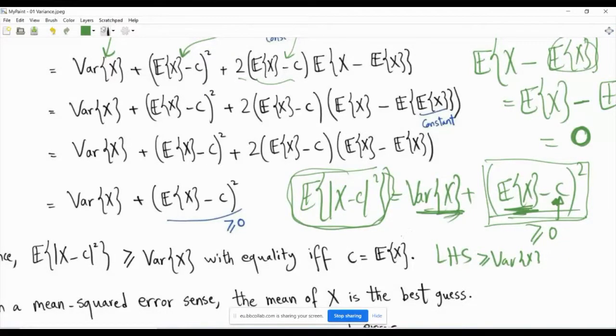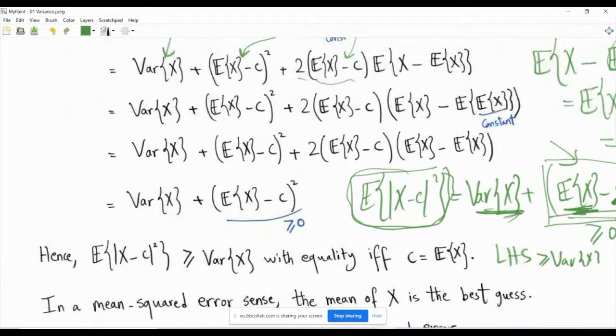So it means that our objective is always greater than or equal to the variance of x. Is there a possibility of making our objective exactly equal to the variance of x, which would be the minimum possible value? Yes, if you can take this non-negative term and make it equal to 0. And can we make it equal to 0? Yes, this term is 0 if and only if small c is equal to the expected value of x.